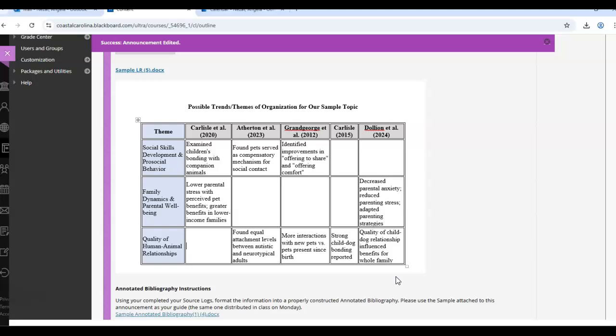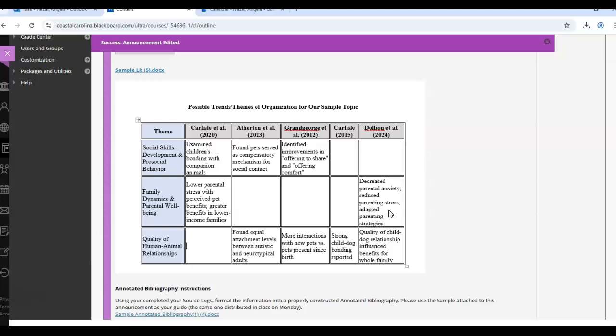So this is what you're going to do. As you read your articles, you will begin to take down the overarching idea or findings or conclusions. And you're going to try to say, well, if this article looked at family dynamics in terms of lower parental stress, greater benefit with lower income families, this one also looked at that, but also saw that it helped in other ways, but they're still pretty related.